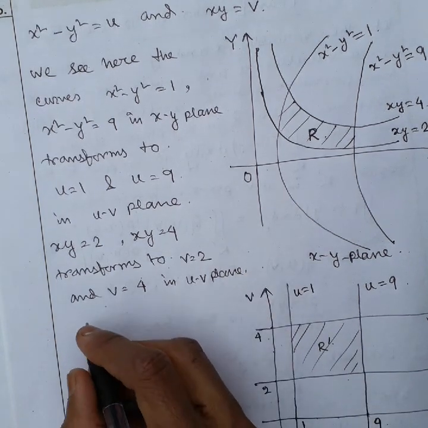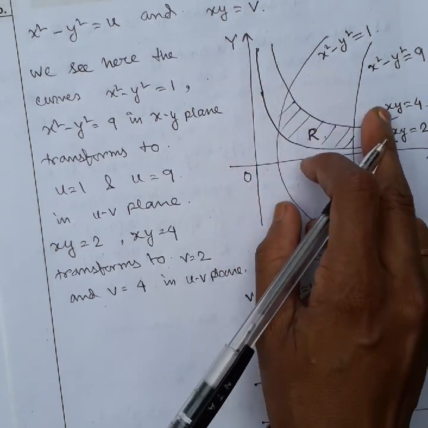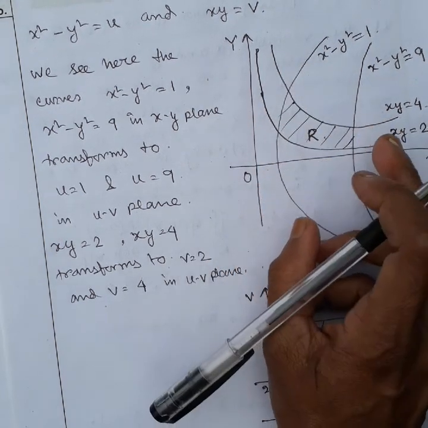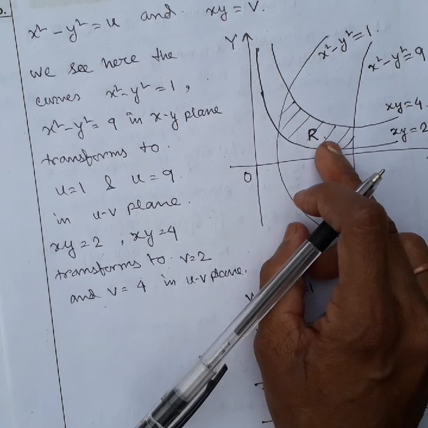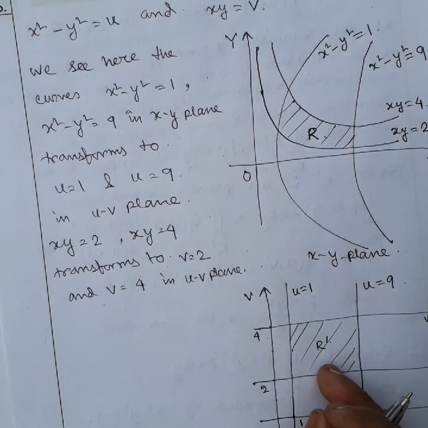So the complicated region R in the xy plane is transformed to a simple rectangular region R dash in the uv plane.